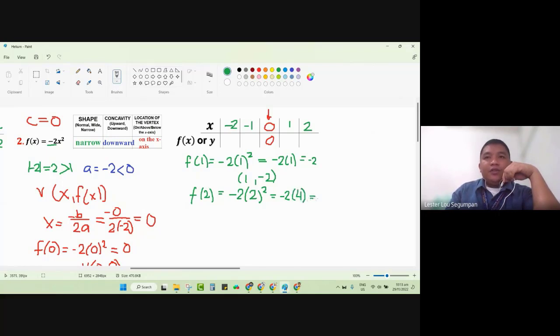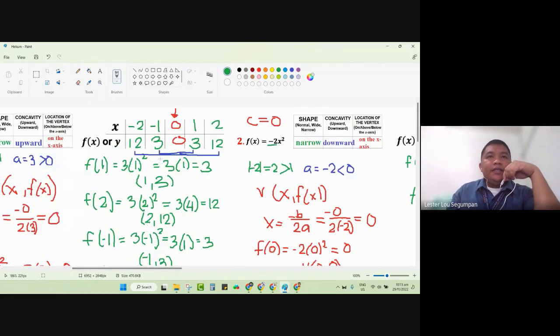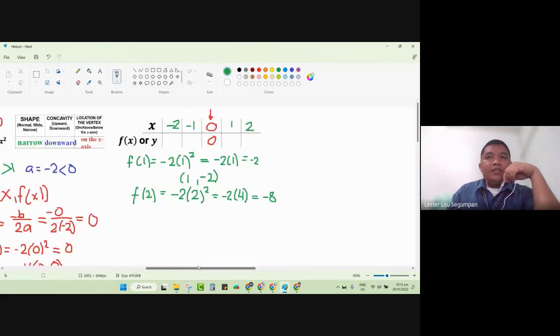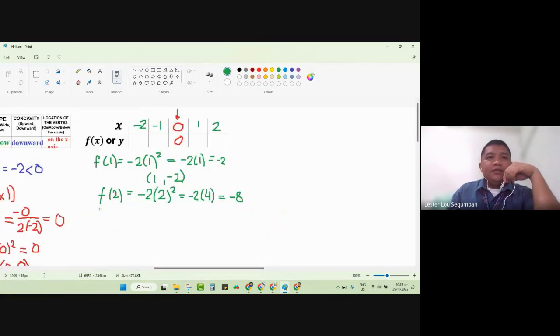This will give you a result of negative 8. I already told you earlier that there is a specific pattern for the values of f of x or y so that you could see the correct form of the parabola. So let's see if it's the same case here.